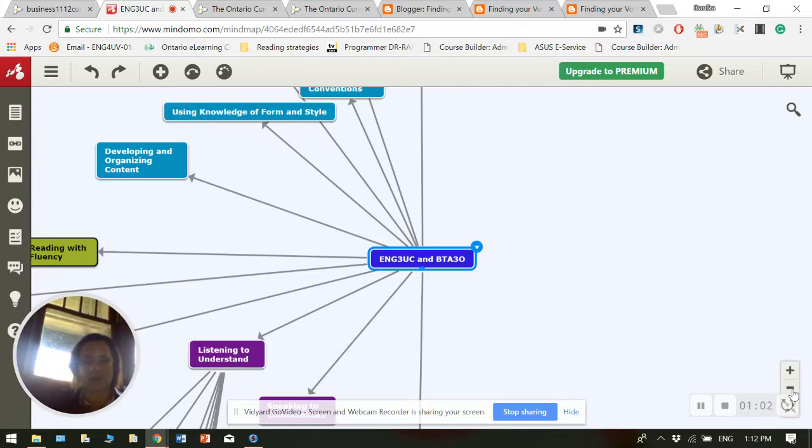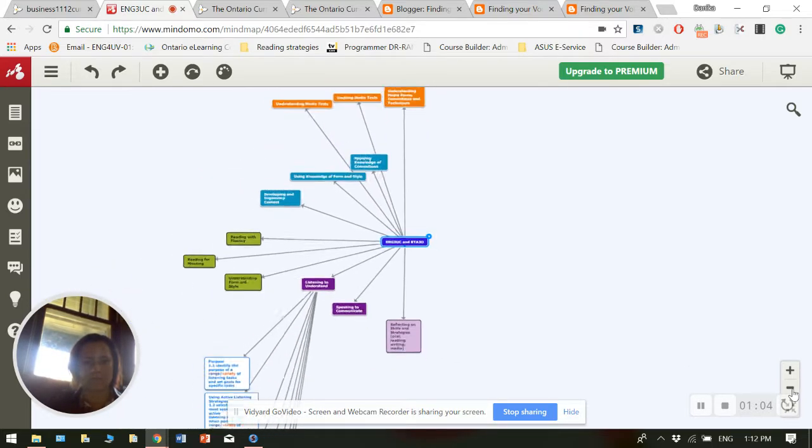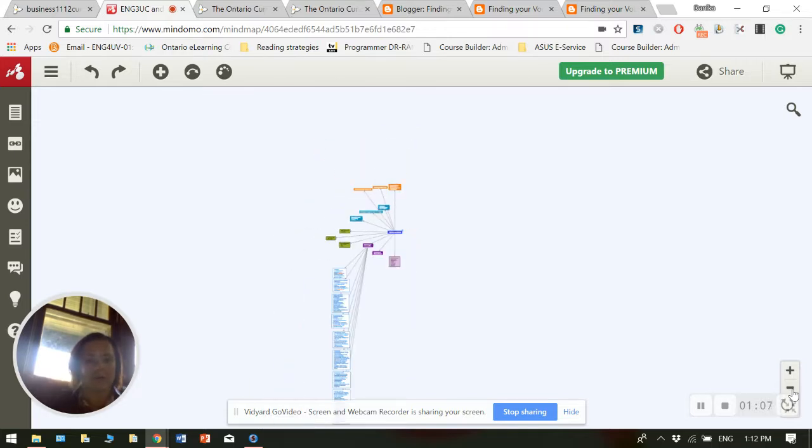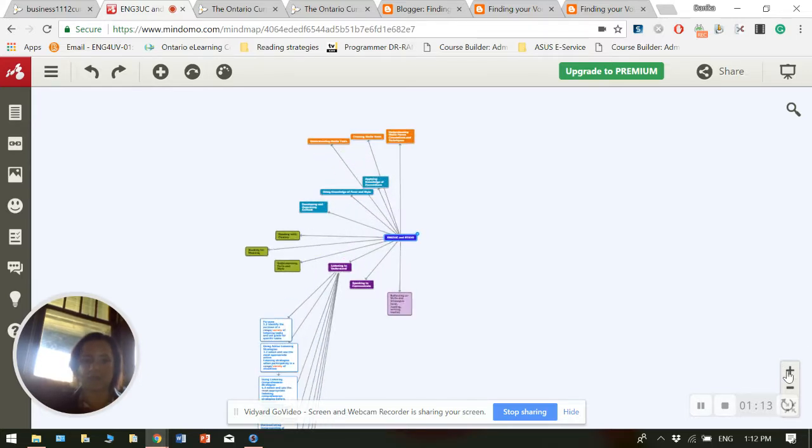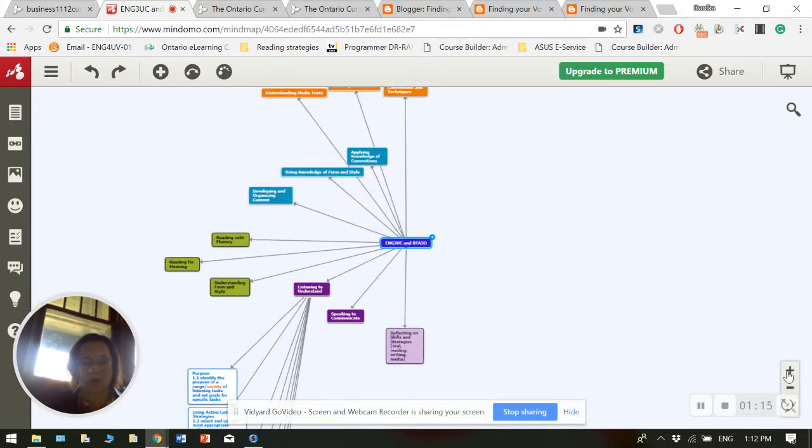And it's already looking like this. So it's going to be gigantic if I do the whole thing. So I'm not going to. I am going to continue with the overall expectations and just work with that.